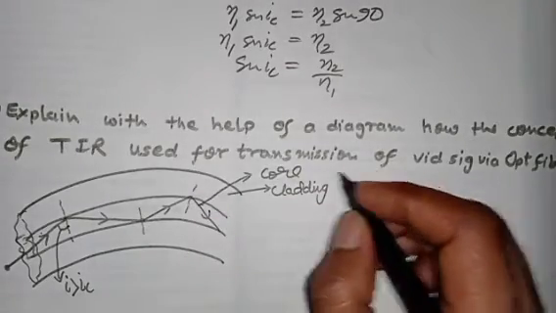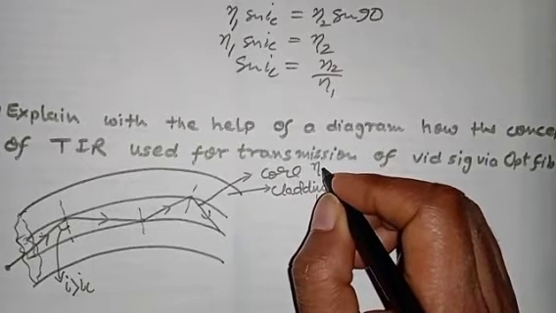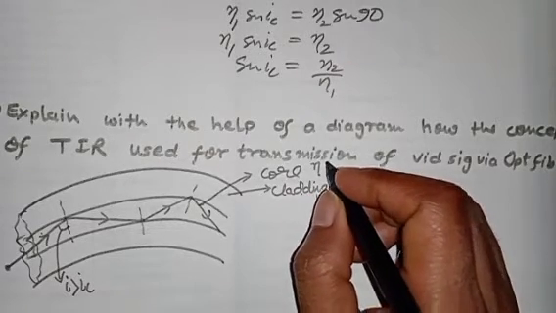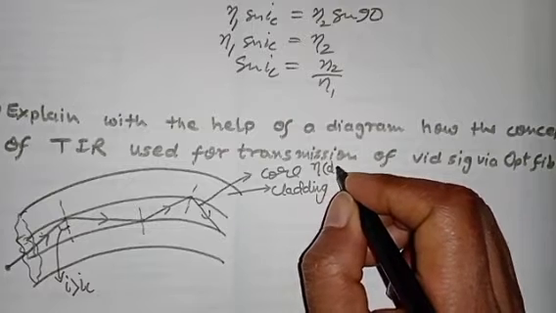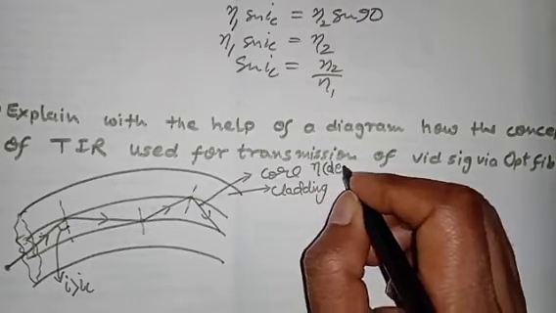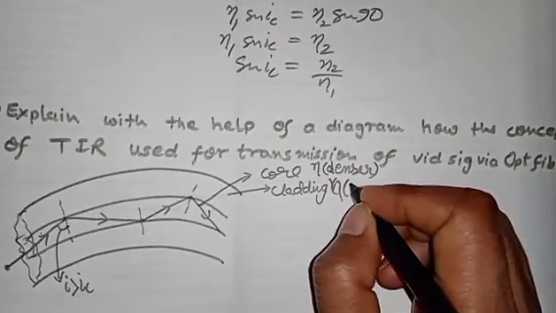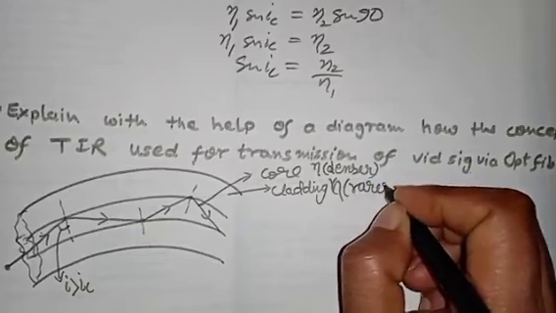So here we can say that okay, core has eta greater, it is denser medium, and cladding is rarer medium.